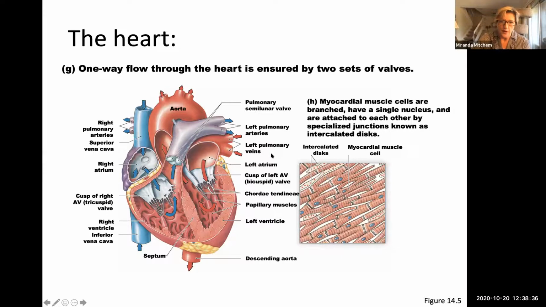Our other pathway is that the left pulmonary veins drain to the left atrium, and then the blood goes through a valve where it passes into the left ventricle, where it is then pumped up and out through the aorta to the systemic circuit.